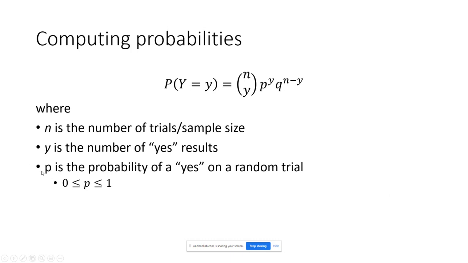P is the probability of getting a yes result on a random trial. So P has to be between 0 and 1. And Q equals 1 minus P. So that's the probability of a no result.